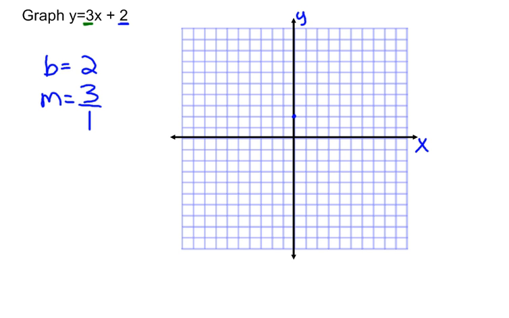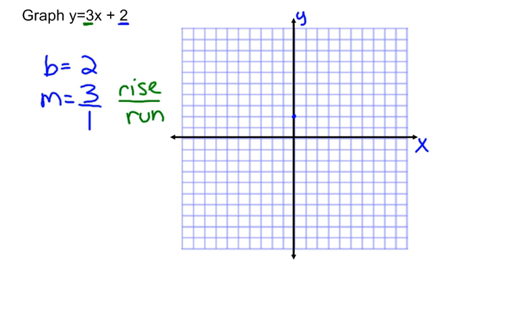Now, the slope is also known as rise over run. And from my y-intercept, that first point, I'm going to use the slope, which is 3 over 1, and because it's a positive 3, we're going to go up.